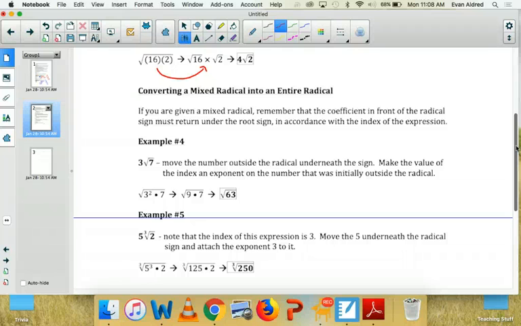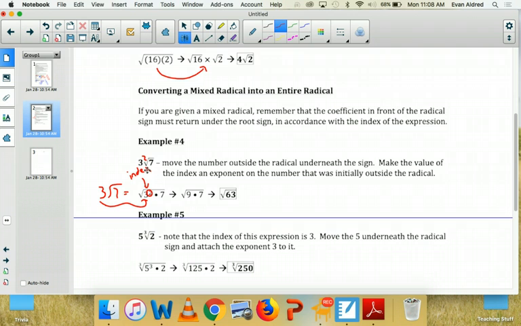Well, in order to do this, you have to be able to identify the index of a value. So the first one is 3 square root of 7. Well, we don't write the 2 there, but I am for the purposes of this. So it's 3, and then an index of 2, root 7. And all we're going to do when we solve this is move the value that's outside the radical underneath, and we're going to write the index as an exponent on that value.